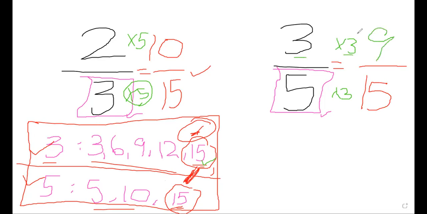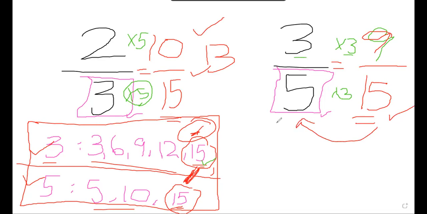Now you can easily tell me which is bigger. 9 over 15 is bigger or 10 over 15 is bigger? Surely 10 over 15 is bigger. 9 over 15 is smaller. So 3 over 5 is smaller, and 2 over 3 is bigger.